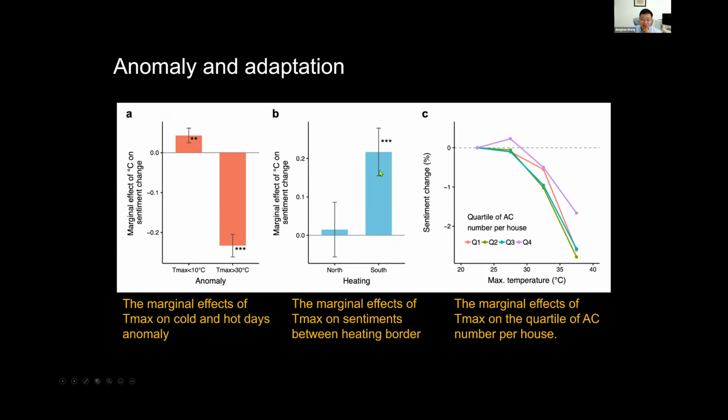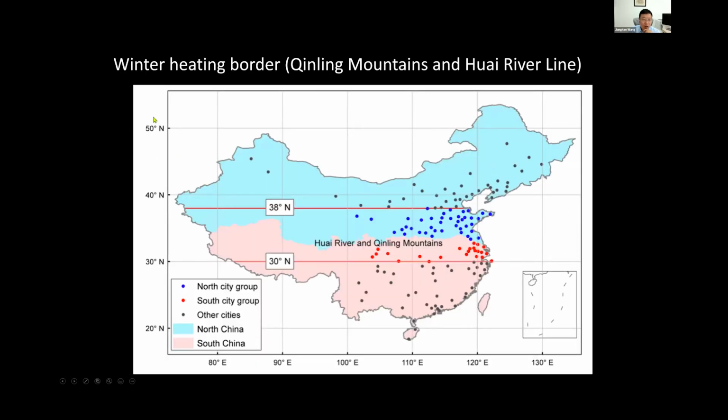But we use a quasi experiment to study this question, using the Qinling Mountains and the Huaihe River to divide, because in the north, cities will have heating, but in the south, it doesn't have heating. We compare two groups to study these questions.